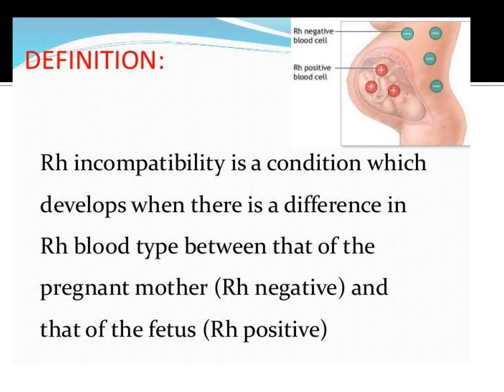So the RH negative mother becomes sensitized by carrying an RH positive fetus within her body. So RH incompatibility is a condition which develops when there is a difference in RH blood type between that of the pregnant mother, who is RH negative, and the fetus, who is RH positive.